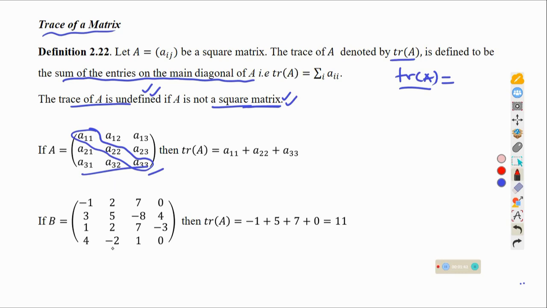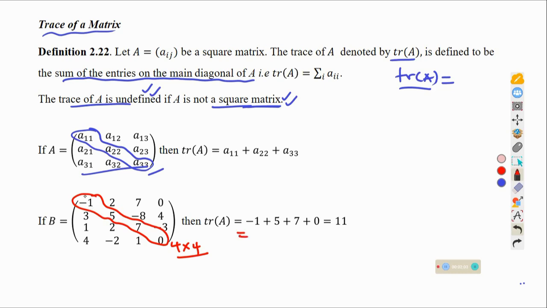For example, if we have B, which is a 4 by 4 matrix, and we are interested in the trace of this matrix here, you will simply look at what we call the main diagonal. So add the elements or the entries within this diagonal.